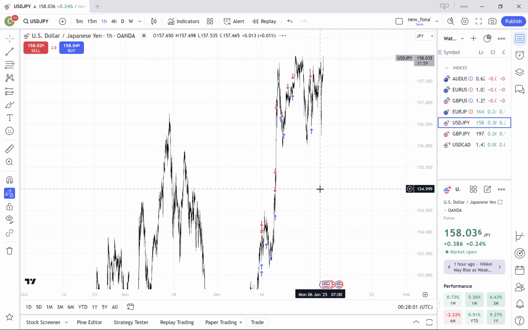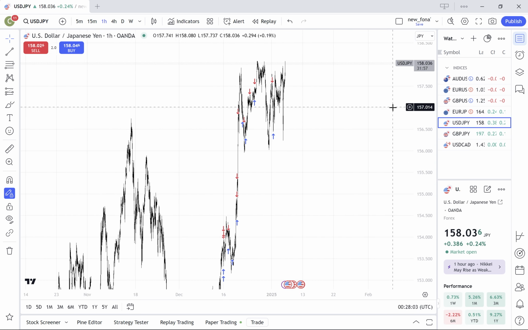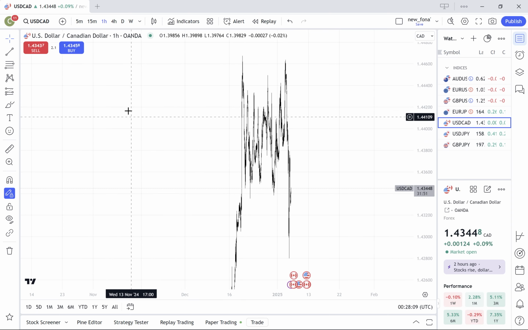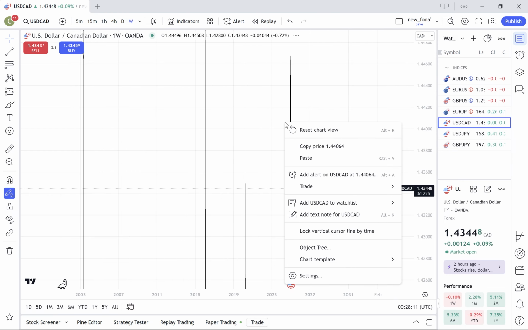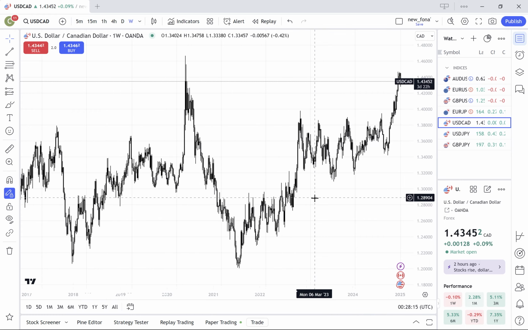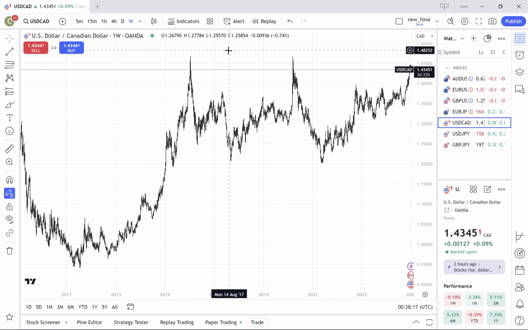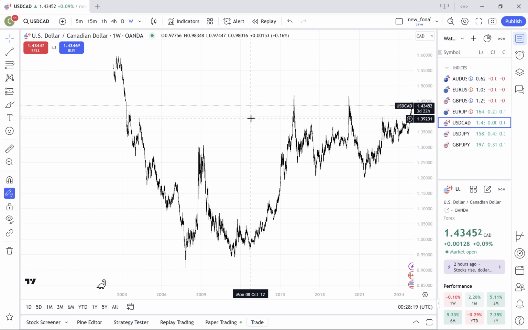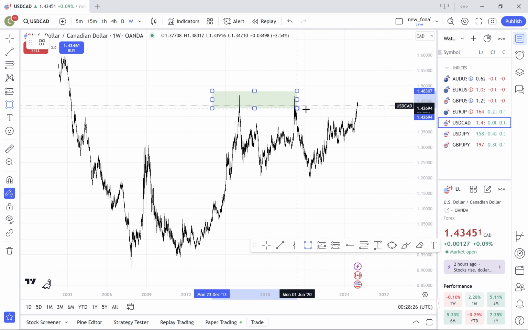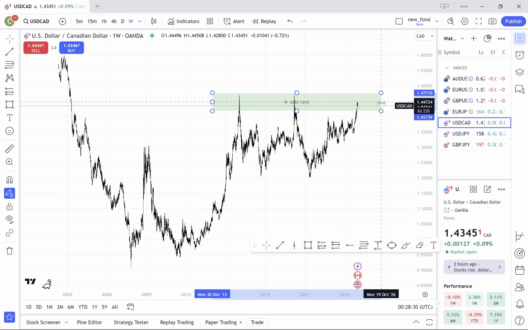Let's start off by looking at USD CAD, the Canadian dollar. Let's go into the weekly time frame and see what's happening. The price is going up, but it hit this level. There is a strong level which I can draw in regards to the previous zones, and the price has gone into that zone.